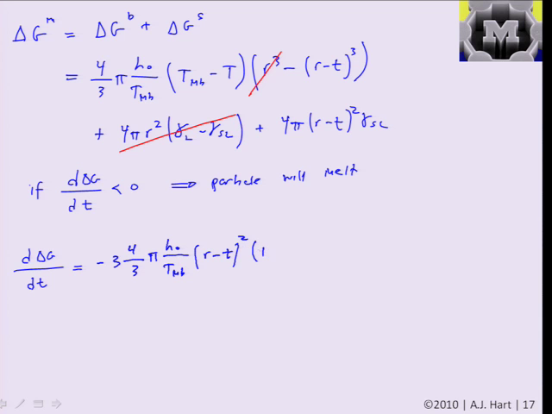And we also have the temperature differential. And then for the second term, we're going to get a 2 and a -2 because of the first derivative here. So we'll have -2 times 4 pi times r minus t times gamma SL.